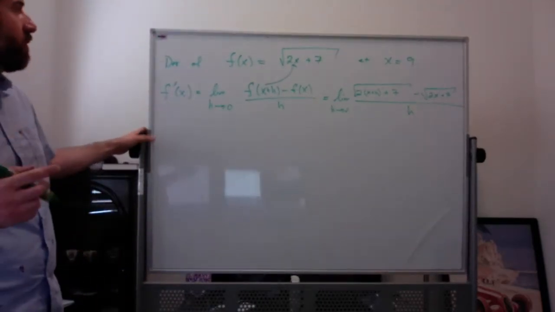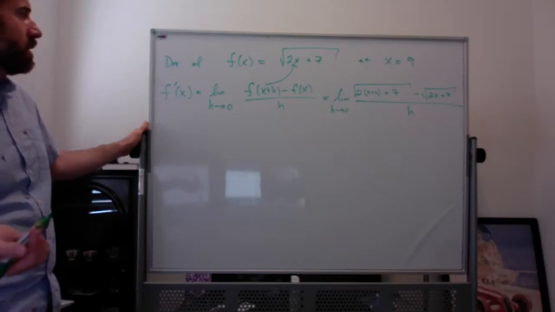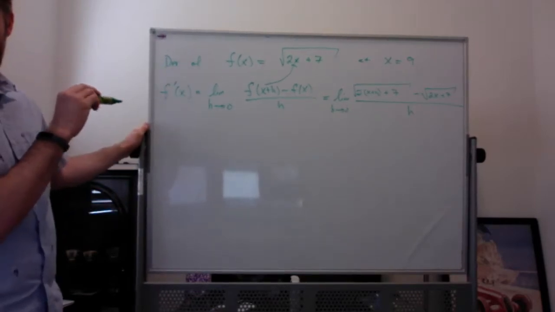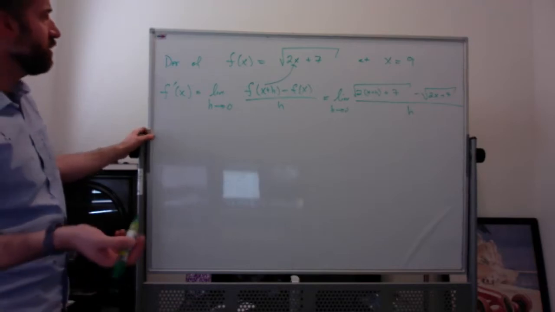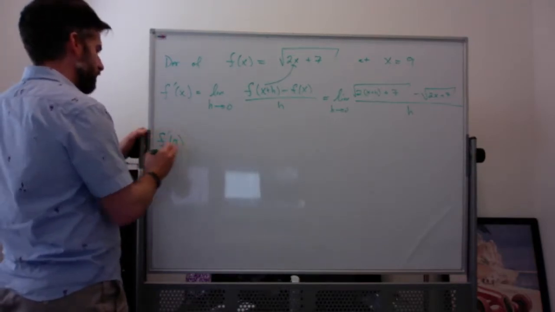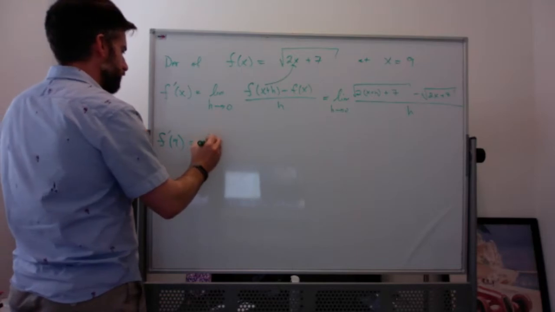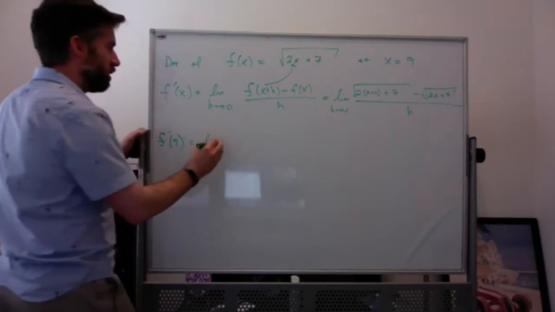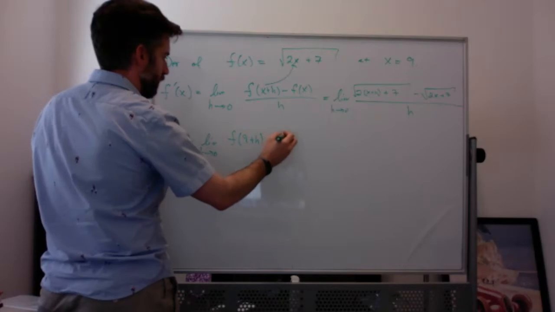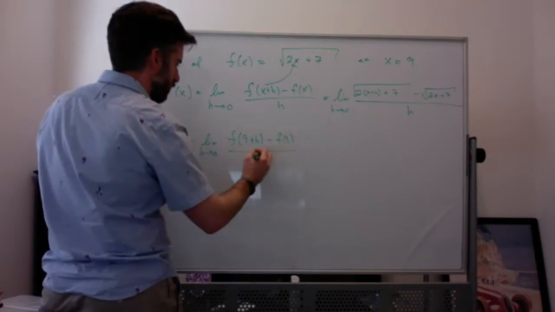For this particular example, instead of doing it that way, although we could totally do it that way and multiply by the conjugate to get some function of x, if you're finding the derivative at a point, you can say f prime of 9 is the limit as h goes to 0 of f of 9 plus h minus f of 9 all over h.